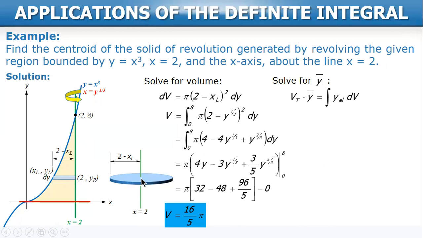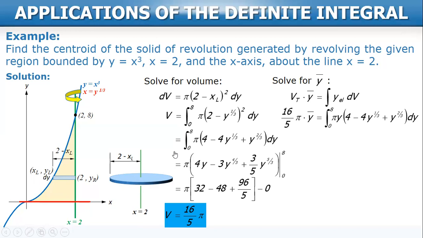So, ang distance sa centroid from the x-axis, y sub EL, is y lang, because y sub L and y sub R are equal. So, our y sub EL is same as y sub L or y sub R or simply y.